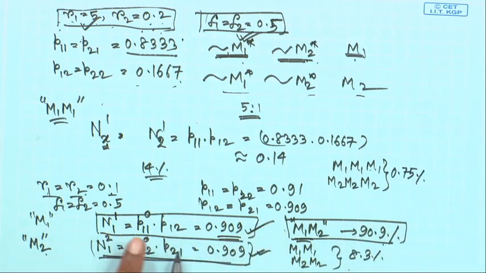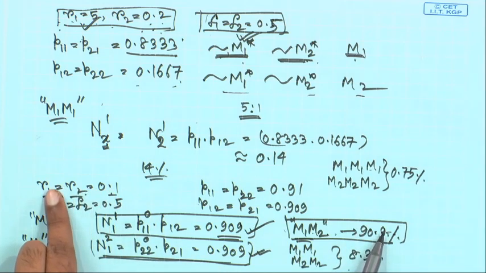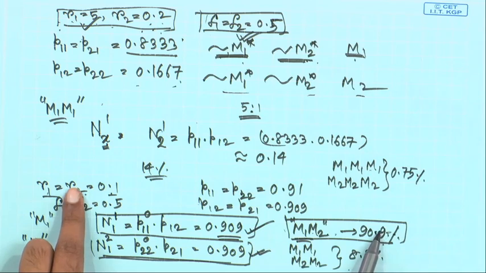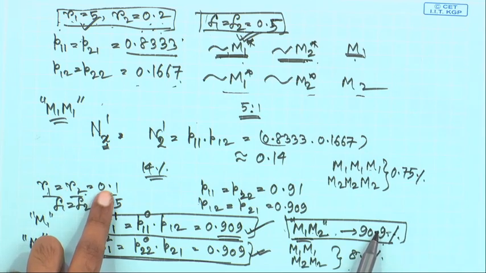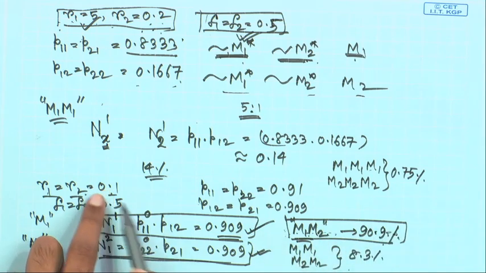You see that they are tending towards alternation. For M1 M2 units, the number fraction distribution is around 91%. If it was perfectly alternating, it would be 100%, but it is not perfectly alternating because R1 equals R2 equals 0.1, this value is not 0. If it was 0, then the probability of having an M1 M2 sequence would be 100%, but here it is not 0. So, it is tending towards alternation, around 91% you have.